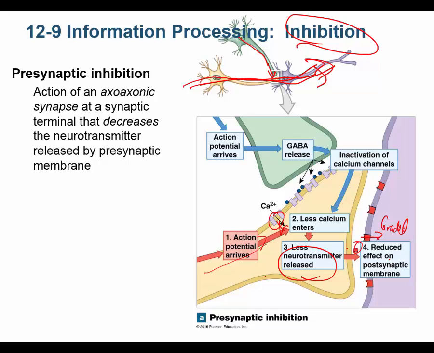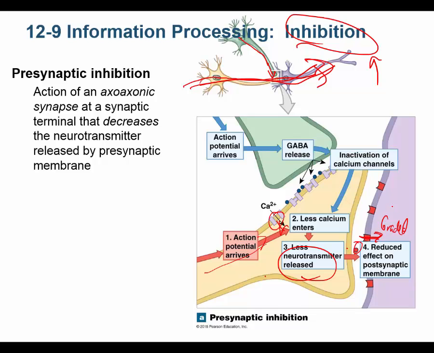Actually, I'm trying to do inhibition. Sorry. The fewer neurotransmitters that are released, the less sodium flows into this cell, and the less likely that this postsynaptic cell will form an action potential and fire.